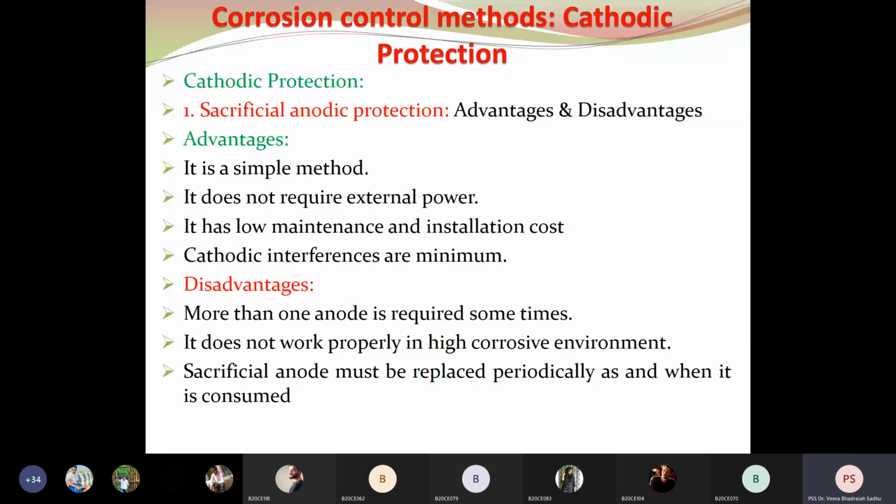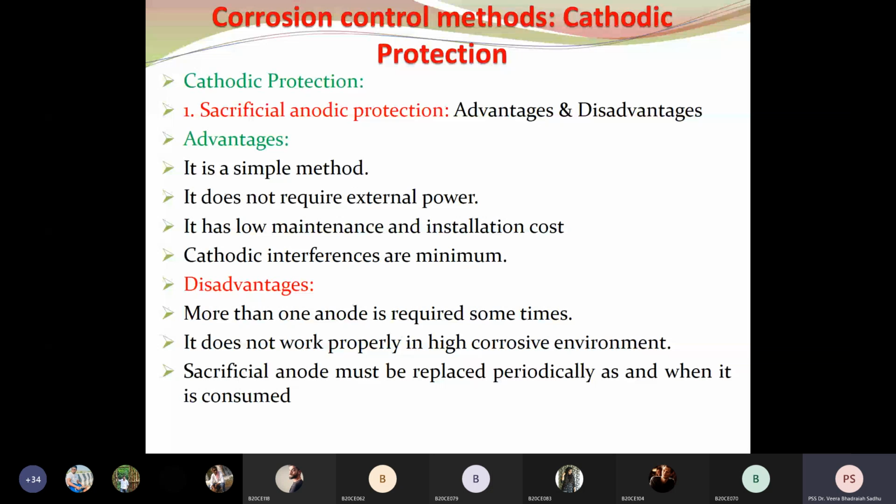Another one is that you have to periodically change this sacrificial anode, because from time to time it will be consumed, so you have to replace it. That is another disadvantage of the sacrificial anodic protection method.